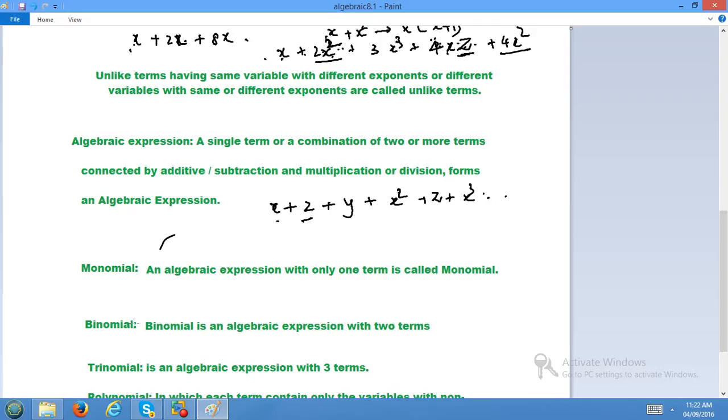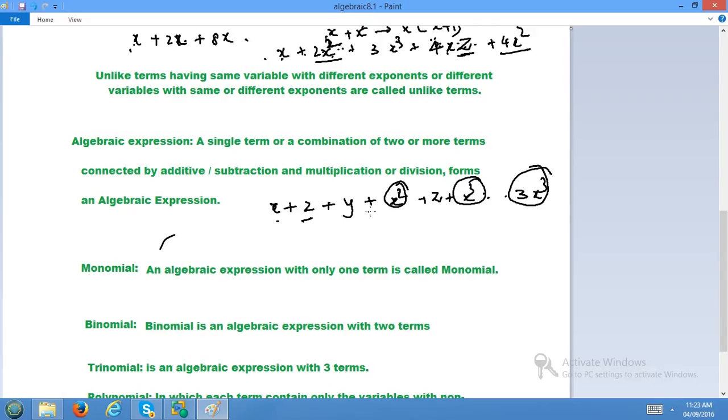Sometimes for solving different types of problems, we classify expressions in different ways. We say monomial: a simple algebraic expression with only one term. So this is one term, or 3x cube is one term.